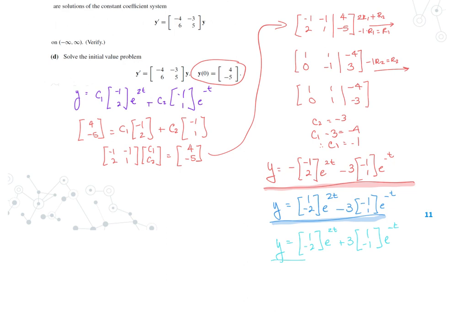I could also pull the 3 into the column vector for e to the negative t, but that's even a little bit more extra. All of those are equivalent solutions. It's a matter of whether you leave the negative on the outside, either for y1 or for y2. I would take all three versions of this solution.